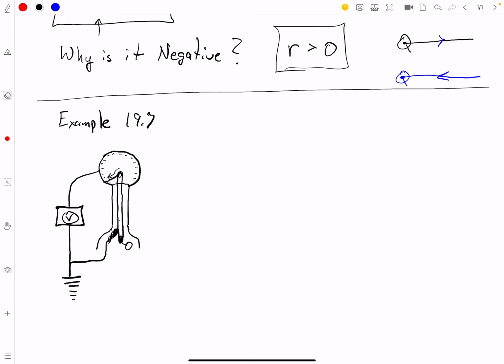They're calling it aluminum. It doesn't matter what material it is. Some kind of metal. The radius of this guy, R, is equal to 0.25 meters.